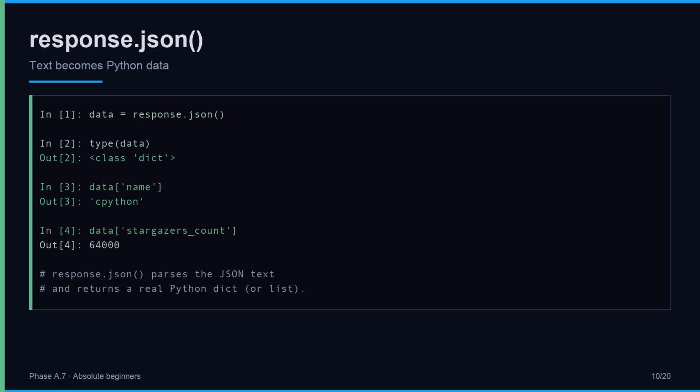You can look up fields by name with square brackets. data['name'] gives Python. data['stargazers_count'] gives 64,000. The API just became a Python dictionary. This is why we spent so many lessons on dicts and lists, because real API data arrives as exactly those types. You already know how to read it. Magic in one method call.